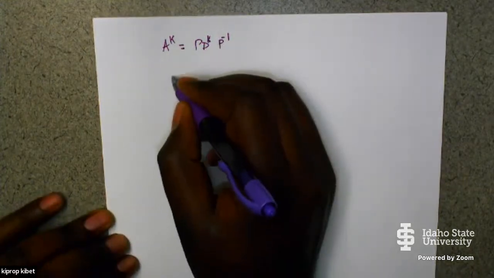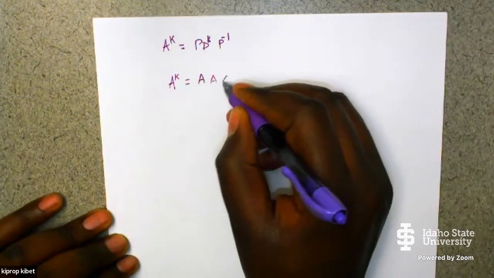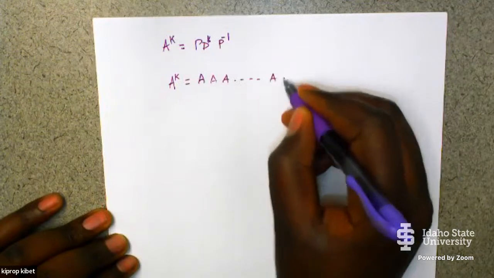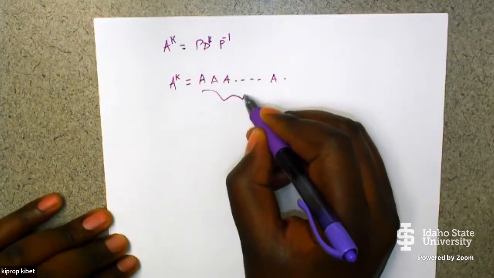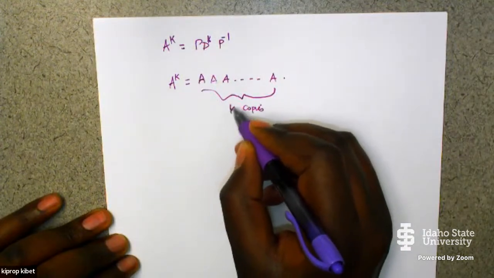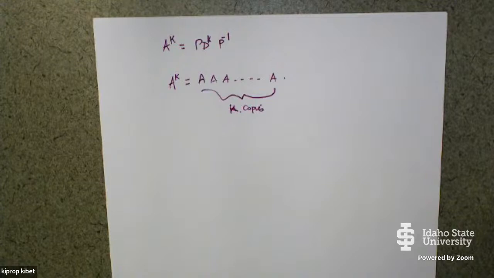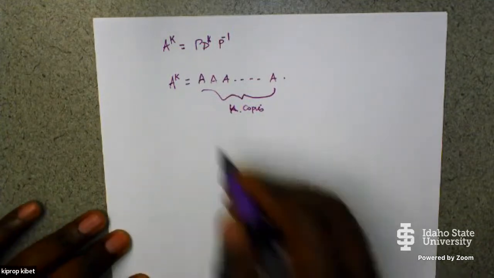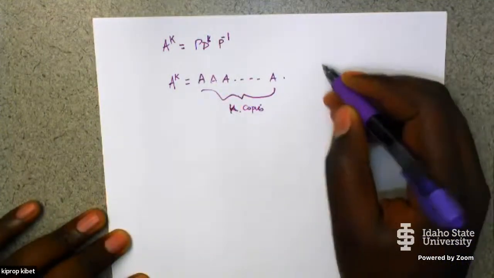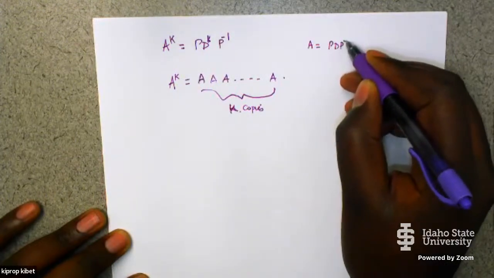We know that A^k is the same as A multiplied by A multiplied by A, and so on, with k copies of A. Now, we know that A is the same as PDP inverse.